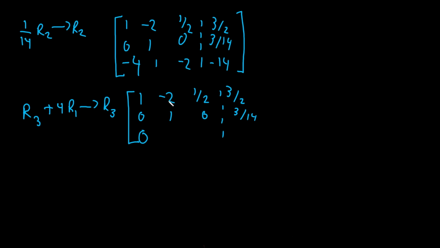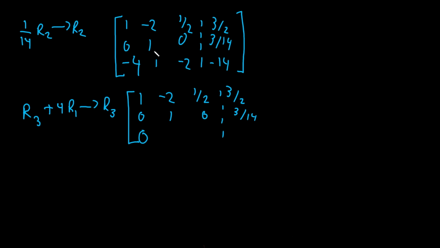1 minus minus 8, so that's 9, minus 2, which is -4, so -2, or sorry, -2 plus 2, which is 0. 1 minus 8, okay.